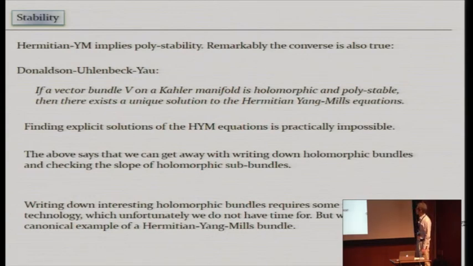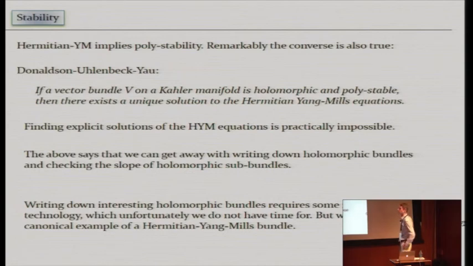Again, Hermitian-Mills metrics are basically impossible to write down in closed form. If you now want to construct explicit examples, all you have to do is write down a holomorphic bundle and check that it's slope stable, that it's polystable, which is much easier to do.